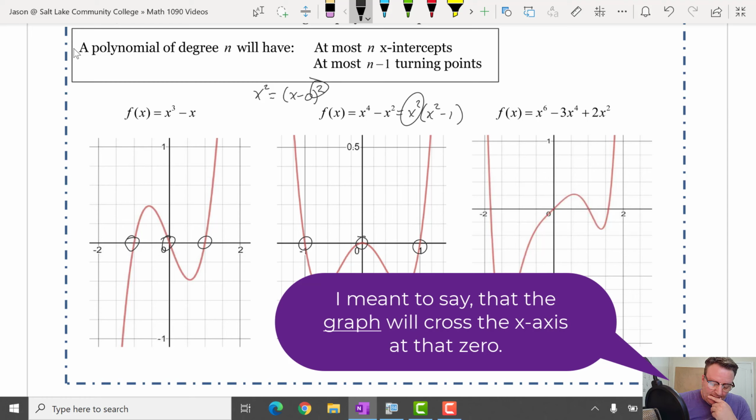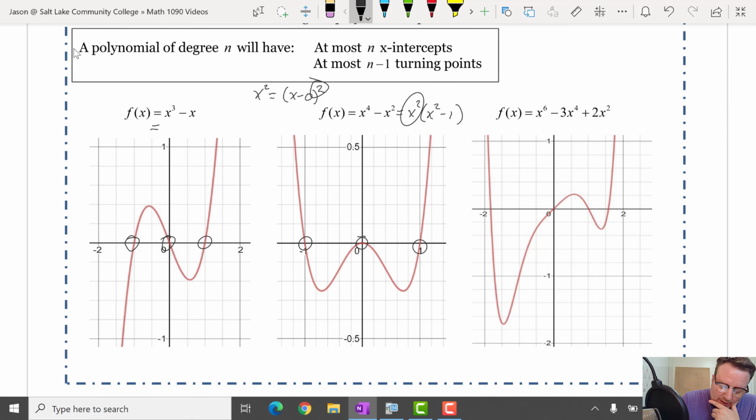Notice in the first case, I could have rewritten this as x times x squared minus 1. And then the x squared minus 1 is a difference of squares, so it would factor and become x plus 1 times x minus 1. But it would give us 3 distinct zeros, each with a power of 1 on them.